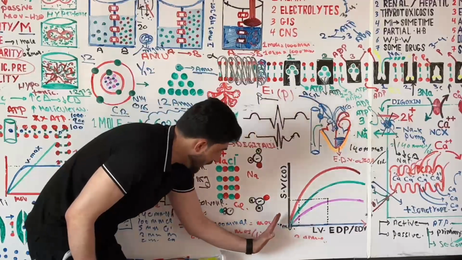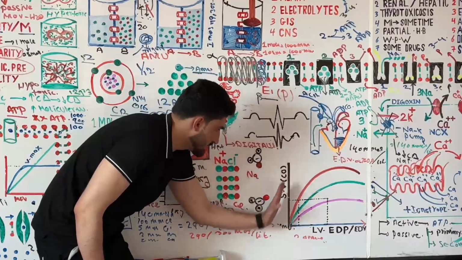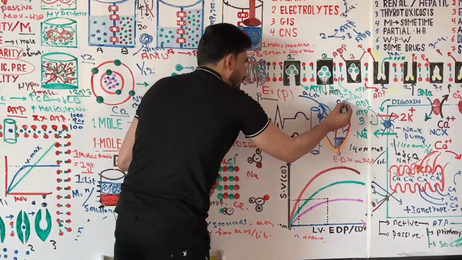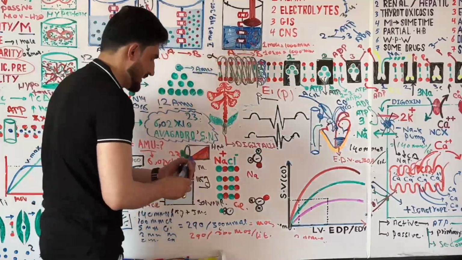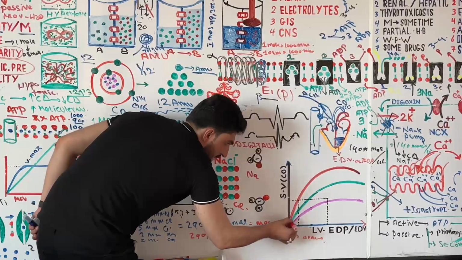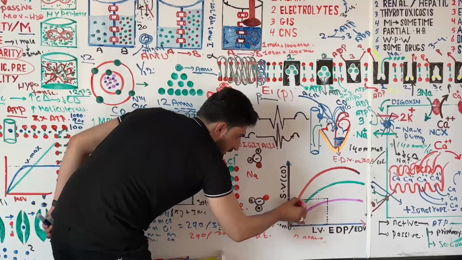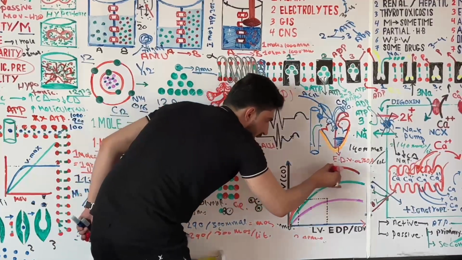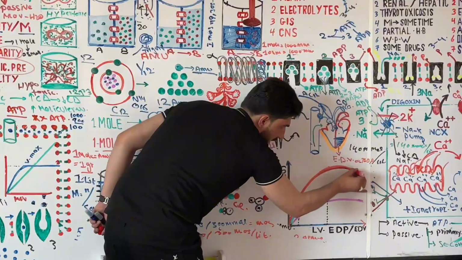Now if I go in this direction, it means I increase cardiac output. For example, according to Laplace's law, if I increase end-diastolic volume, it causes more cardiac output, but only under limited circumstances.